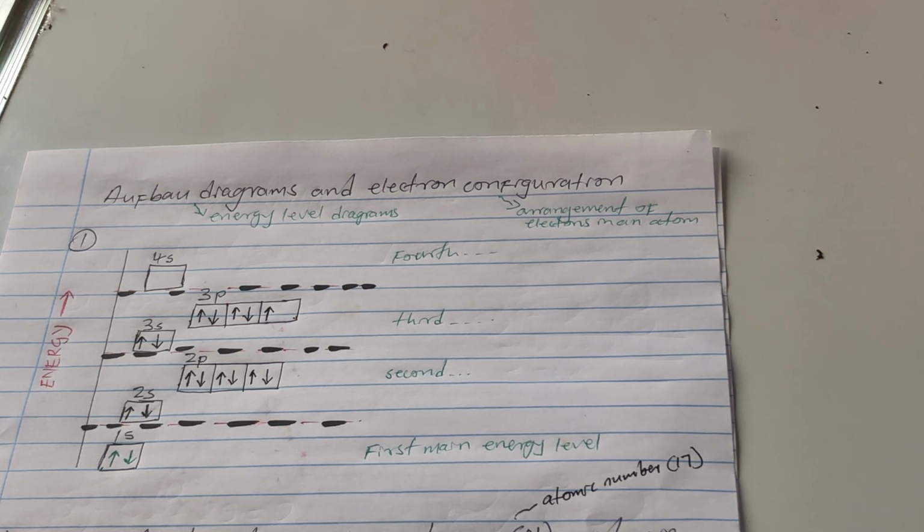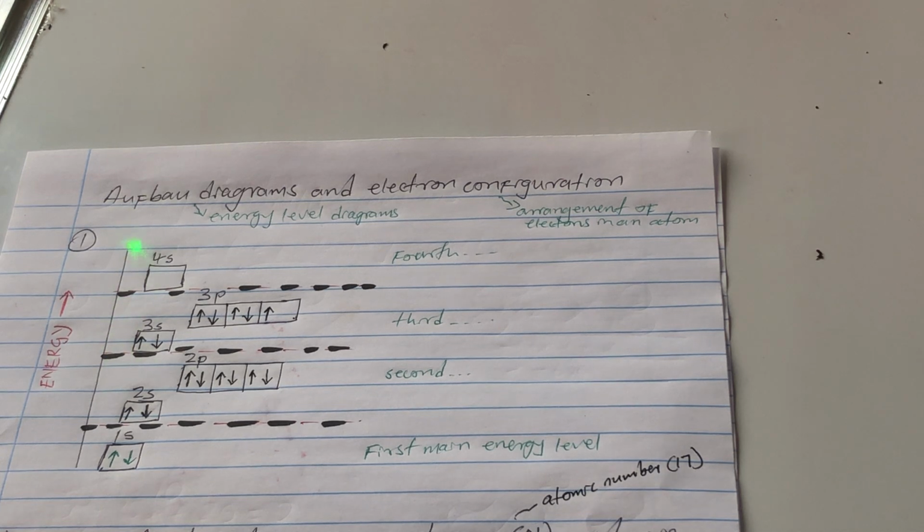So what is it that one needs to be able to draw an Aufbau diagram, for example, of nitrogen? Before you go to the atom itself, you must be able to draw something like this.